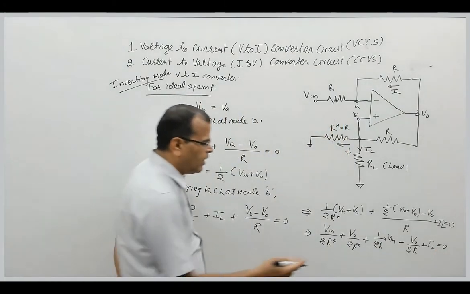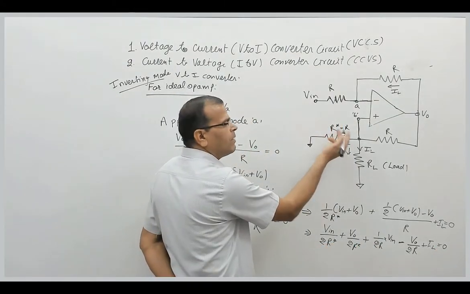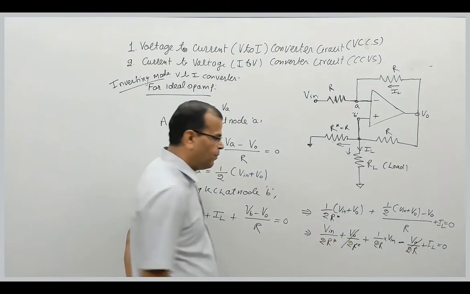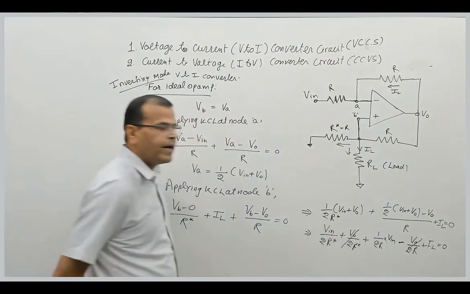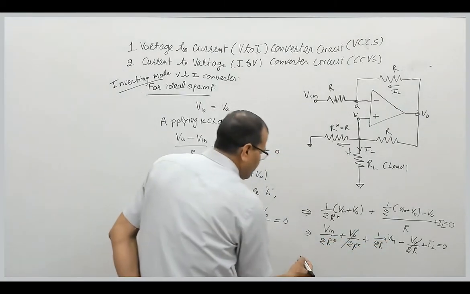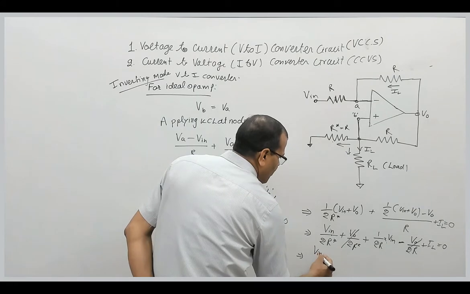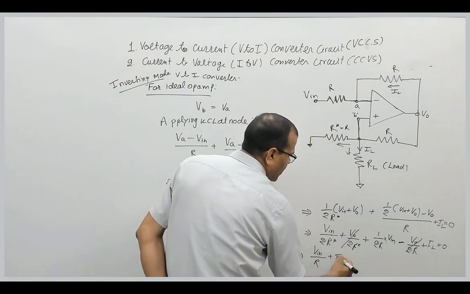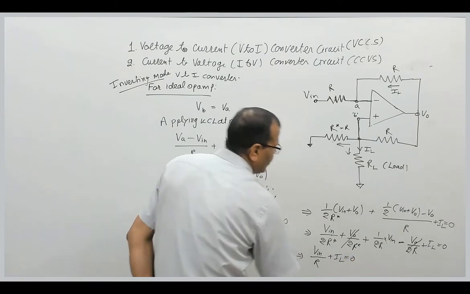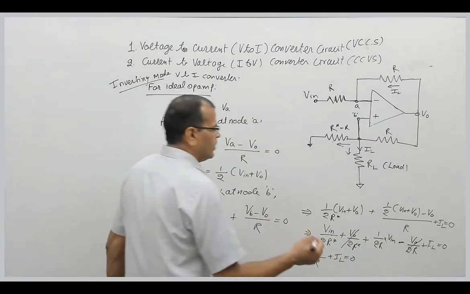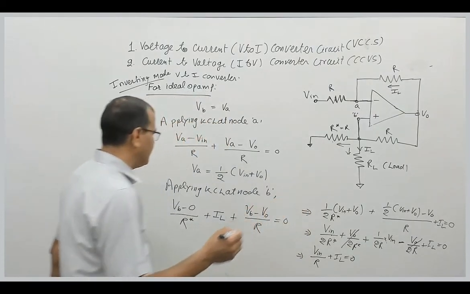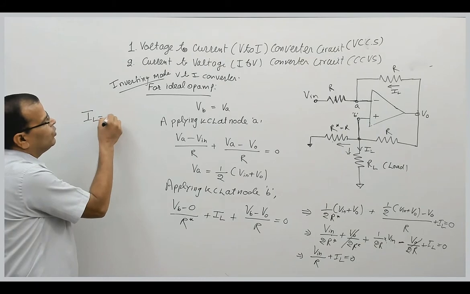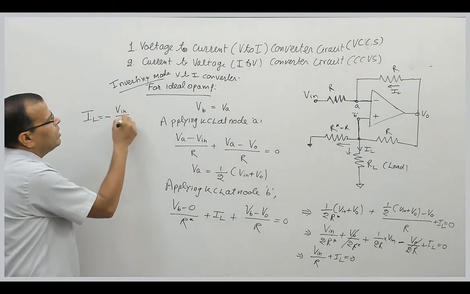Now see carefully, I am just saying this is R star, but that's equal to R. So the V0 terms cancel out, and the Vin terms are added. So this gives Vin upon R plus IL equal to 0, or that gives the load current IL equal to minus Vin upon R.